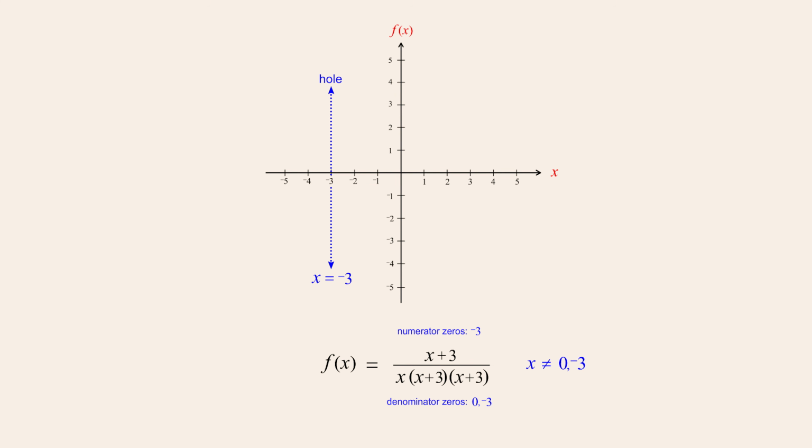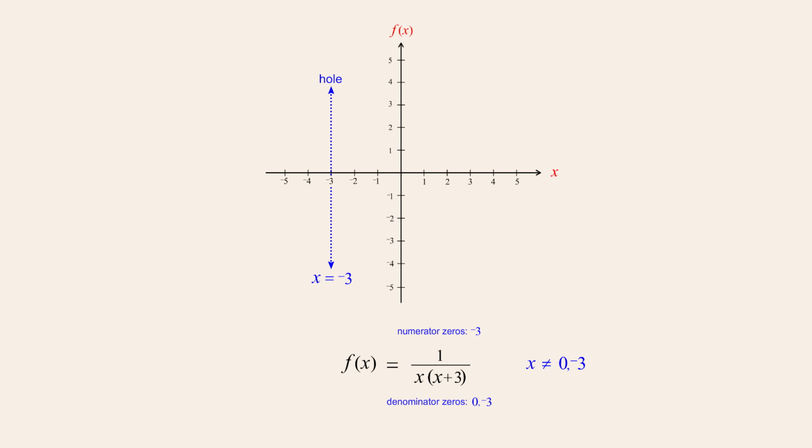We can now simplify the function by eliminating the pair of numerator and denominator factors that produced the hole, as long as we remember that -3 must continue to be excluded from the domain. Since this simplified function's numerator is a constant, no value of x will cause the numerator to be 0.